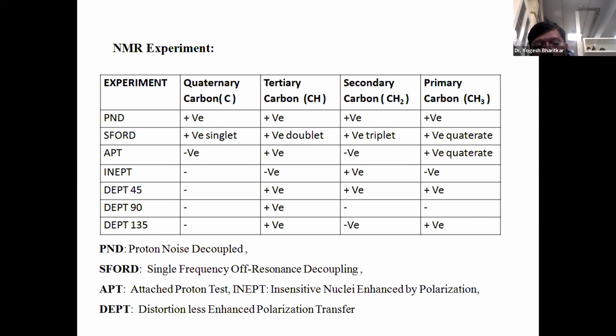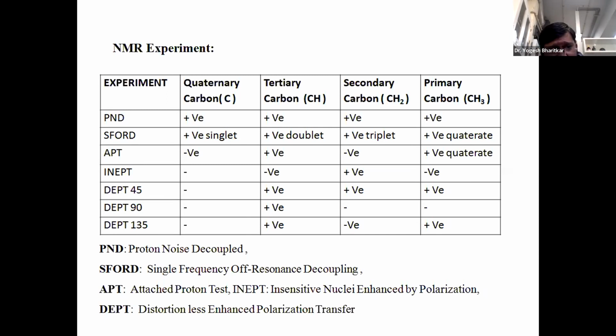In the NEPT experiment, we do not get quaternary carbons, and we get a positive signal for CH2, a negative signal for CH, and a negative signal for CH3. In this way we can classify which is CH2, which is CH3, and which is CH.